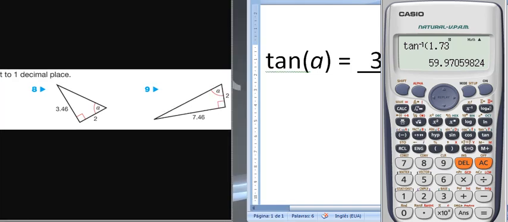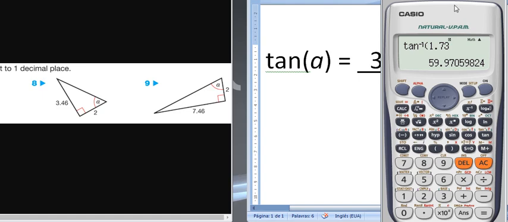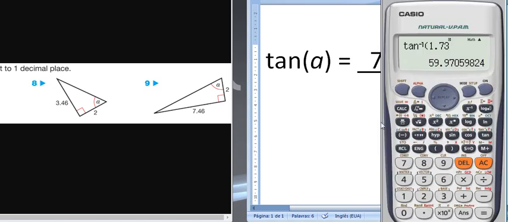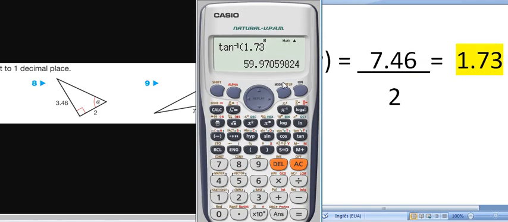Just to finish, now we have this situation. A is here, so the opposite is 7.46. The adjacent is also 2. Let's go to our calculators. 7.46 divided by 2, you're going to find this number, 3.73.